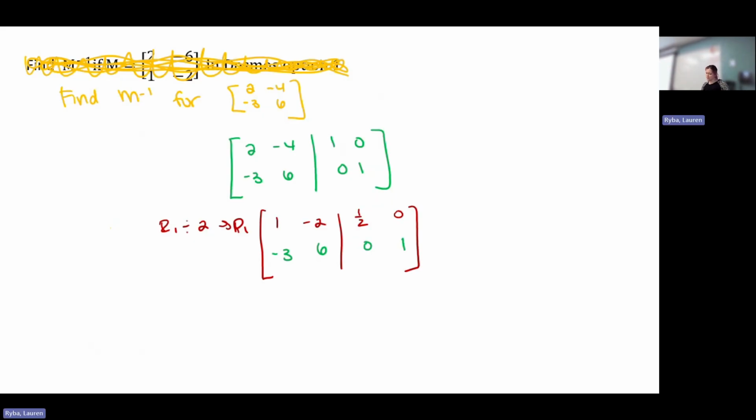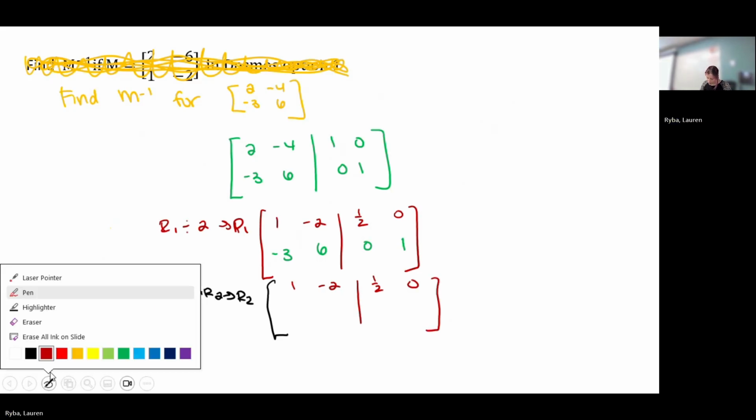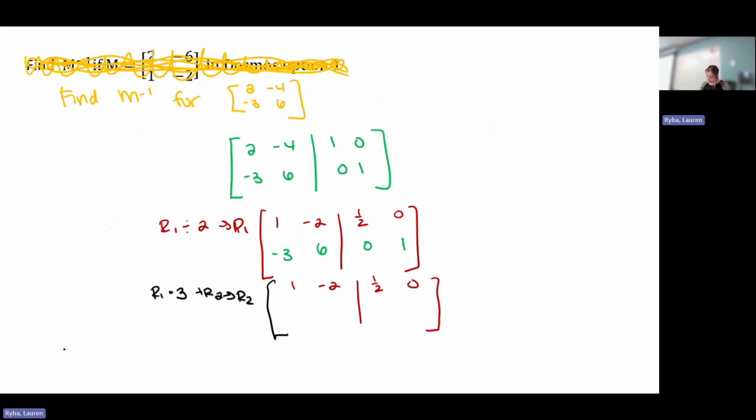So I'm looking for the additive inverse of -3. That is going to be +3 because -3 plus 3 makes 0. So if I take row 1 times 3 and add it to row 2, I'm going to replace row 2. The top row is going to stay as is. 1 times 3 is 3. 3 plus -3 is 0.